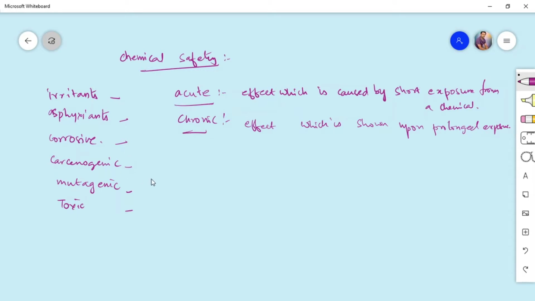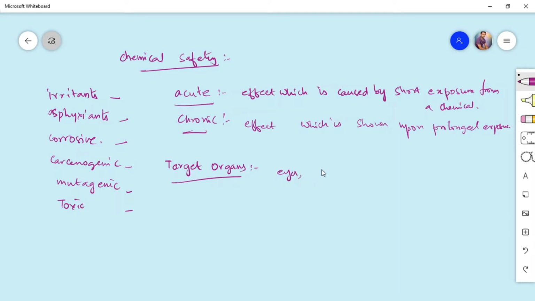Then, what happens to our body if there is a chemical exposure? The main thing is health concern, we are not considering effects on plant or the system or the process. It majorly affects the health of a person. These chemicals will have an effect on target organs. What are these target organs?